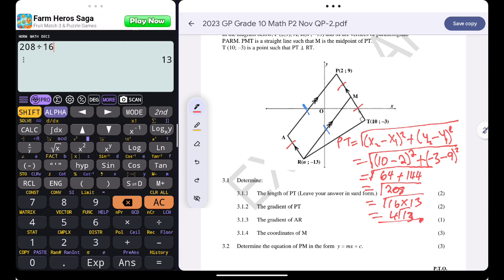This is my answer in surd form. I did that, guys, because I don't know how to set this calculator to be in surd form, so I had to do this manually. So my answer is 4 root 13.